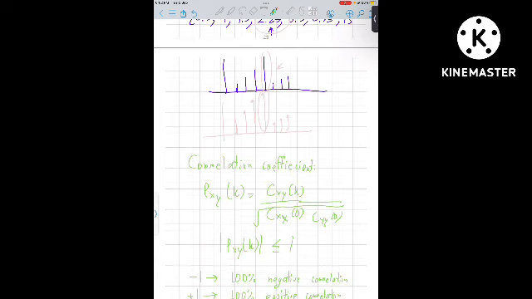In this case, even if you don't take 1 upon N, you still get the same value, and it's better to work with the correlation coefficient because it is always normalized between -1 and 1.